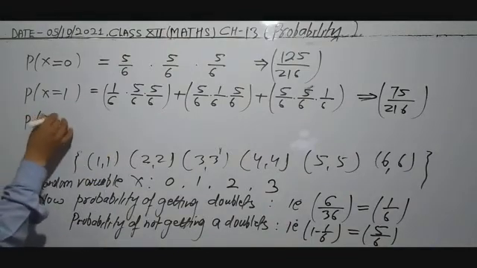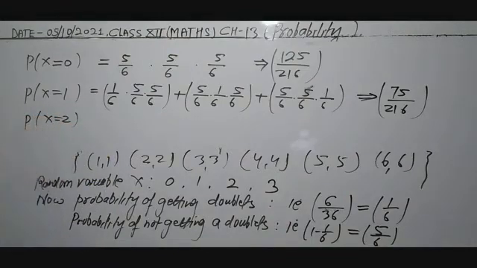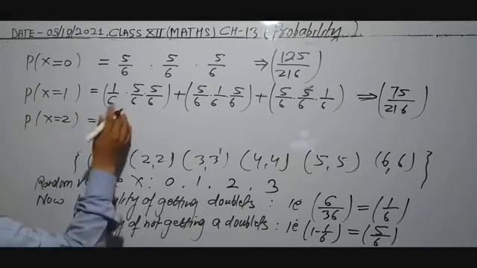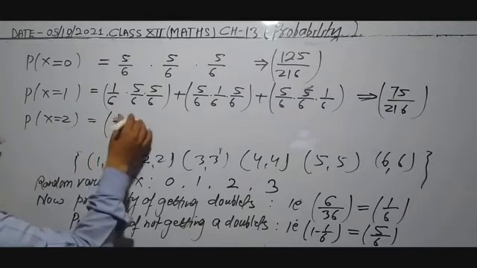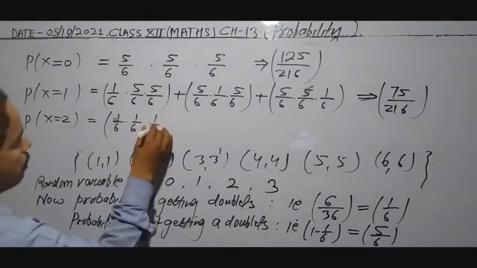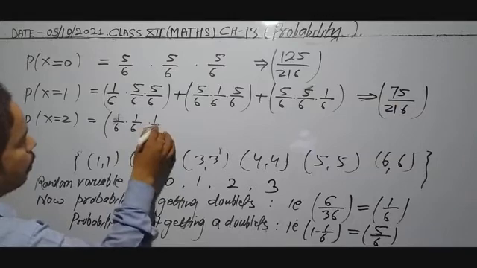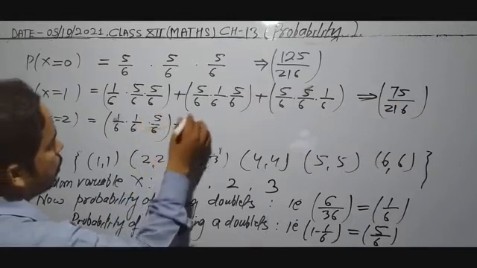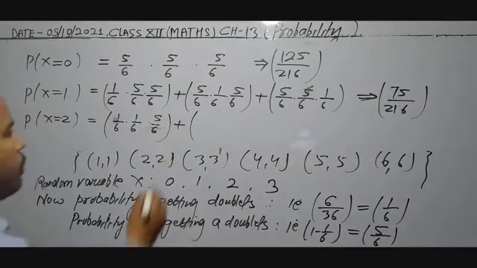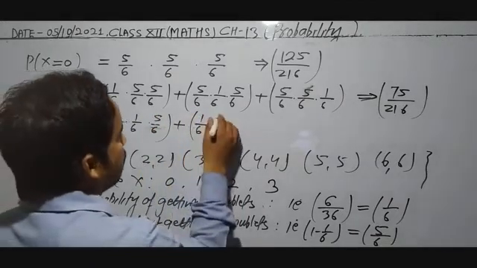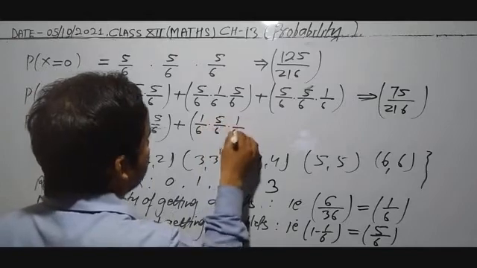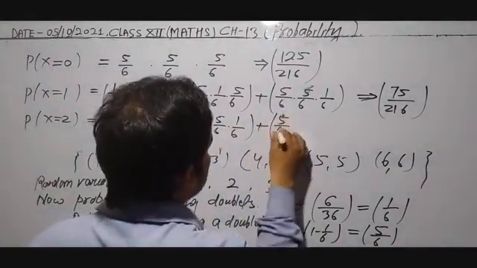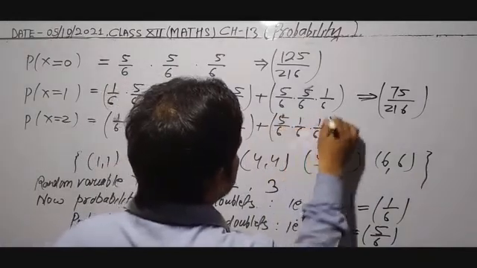Now P(X = 2), the probability of getting 2 doublets: 1 by 6, 1 by 6, 5 by 6, or 1 by 6, 5 by 6, 1 by 6, or 5 by 6, 1 by 6, 1 by 6.